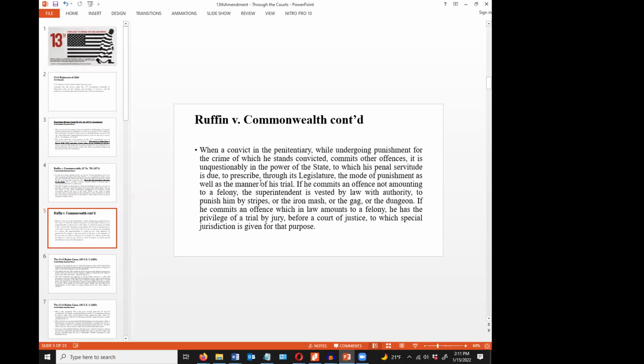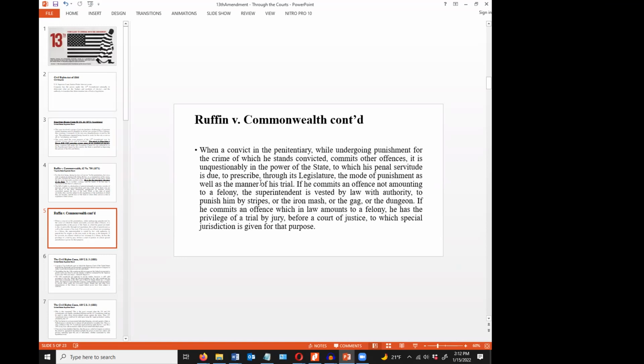If he commits an offense not amounting to a felony, the superintendent is vested by law with authority to punish him by stripes, meaning whip him, or the iron mash, or the gag, or the dungeon. If he commits an offense which in law amounts to a felony, then he has the privilege of a trial by jury, a court of justice, to which special jurisdiction is given for that purpose.